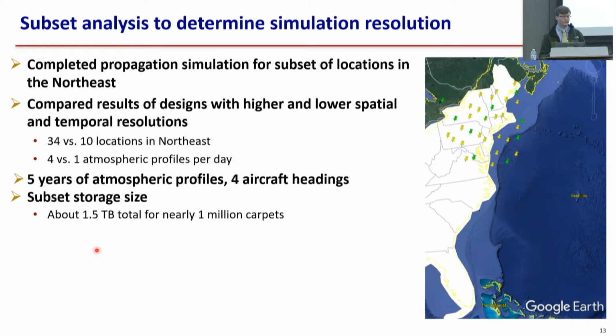And then we also needed to figure out exactly how much time resolution we needed. So we completed a subset simulation in the Northeast USA, and we compared 34 versus 10 locations and 4 versus 1 atmospheric profile per day over 5 years of atmospheric profiles and 4 aircraft headings.